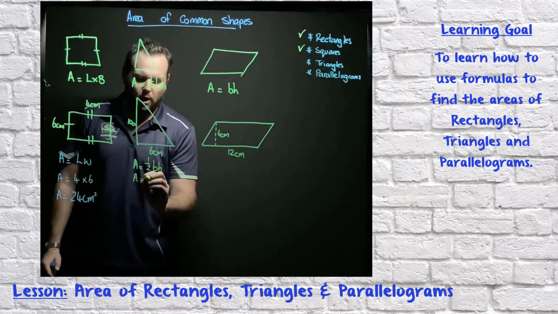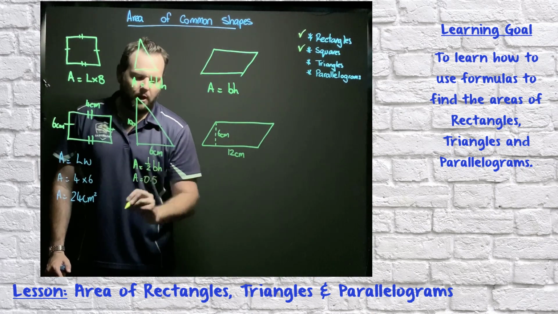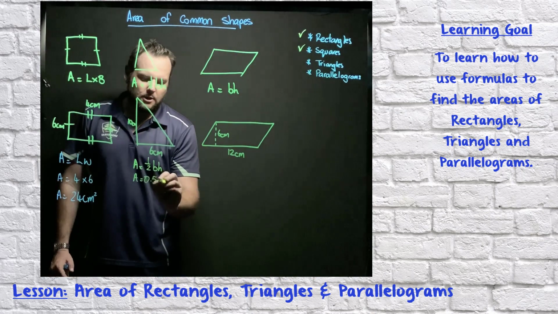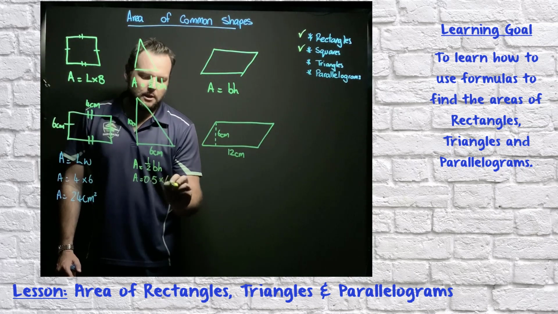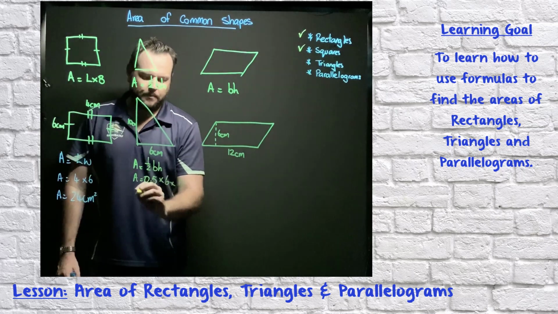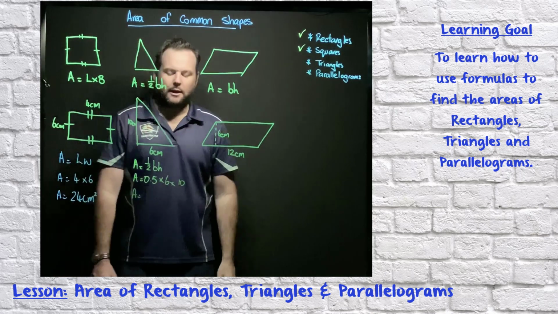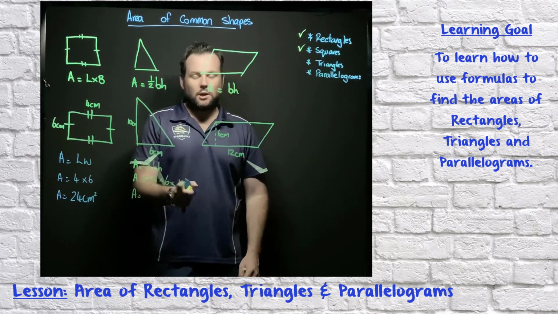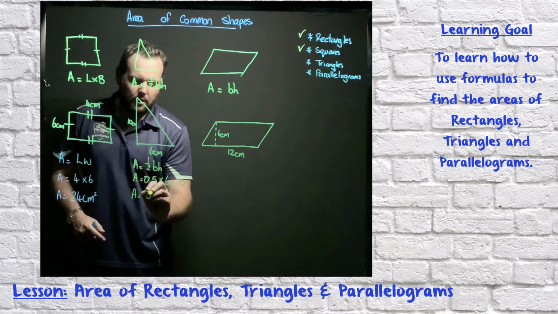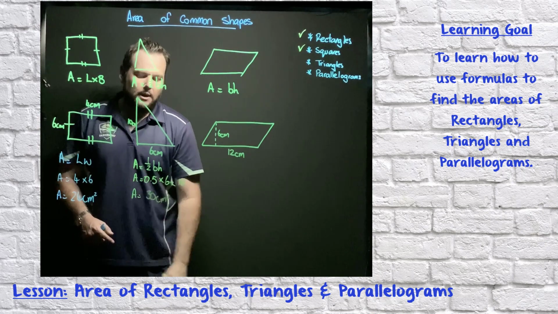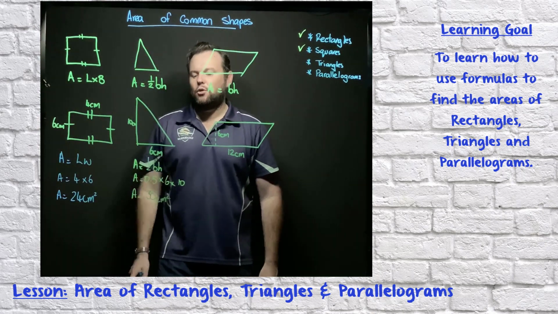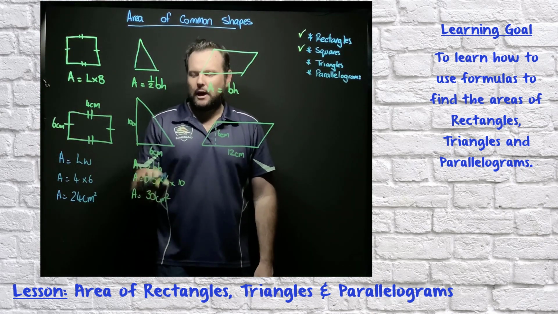You could just type into your calculator 0.5, because that's what a half is, times the base, which is 6, and times the height, which is 10. Okay, and when you did that on your calculator, it would end up being 3 times 10, which gives me 30 centimeters squared.